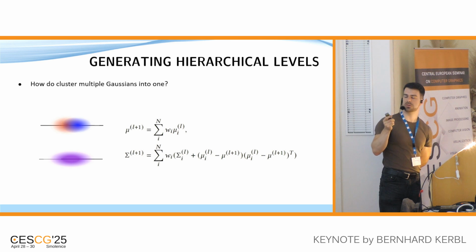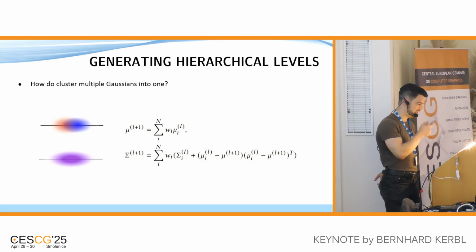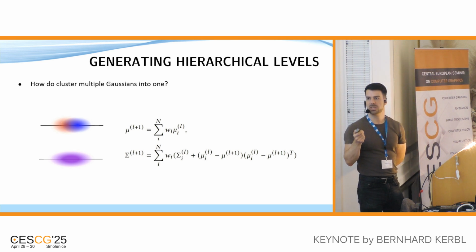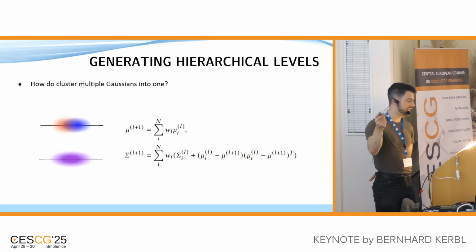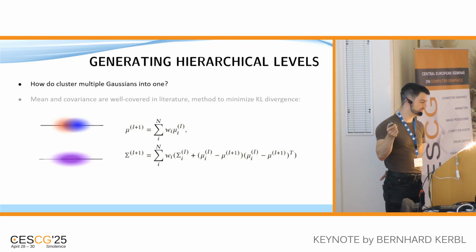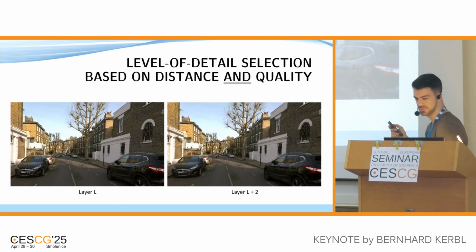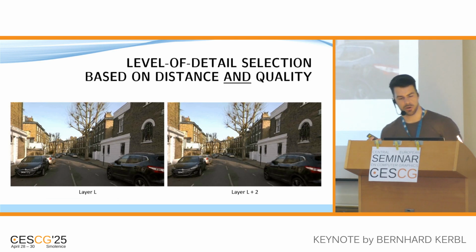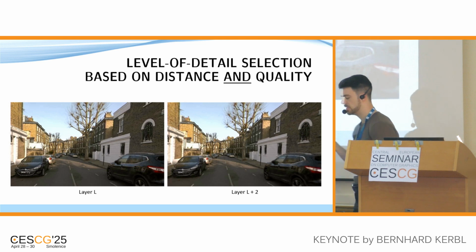This particular method is known to minimize the Kerbl distance between the merged Gaussians and the pair of original 2 Gaussians. Having the level of detail representation, we can now switch and train individual layers during training.